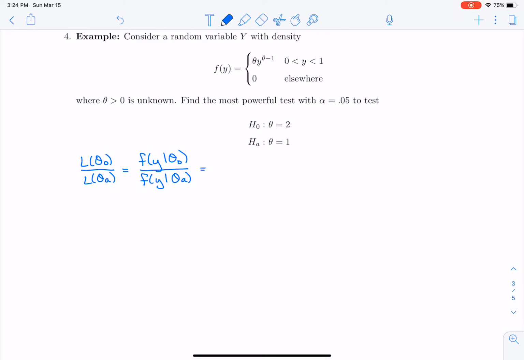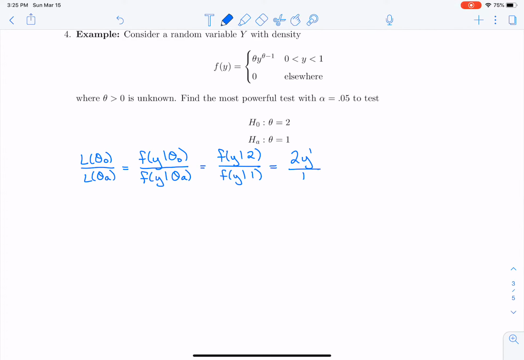In this case, that's f of y given theta equals 2 over f of y given theta equals 1. Okay, so if theta is 2, then f of y is actually 2y to the first power. And if theta is 1, then f of y is actually just 1. And so the likelihood ratio in this case is 2y.